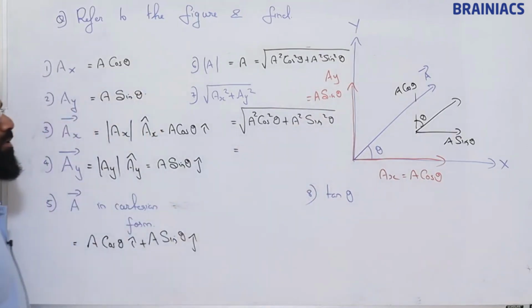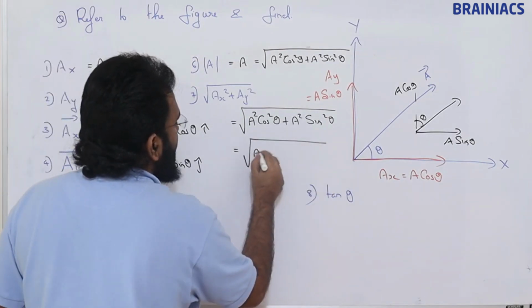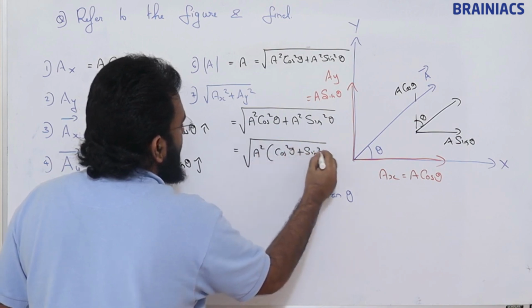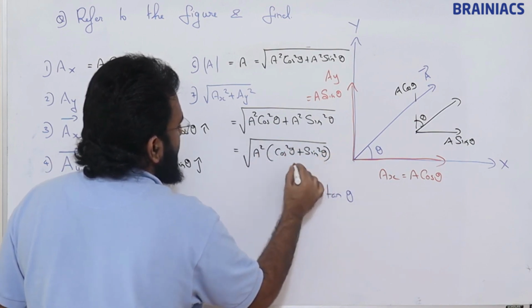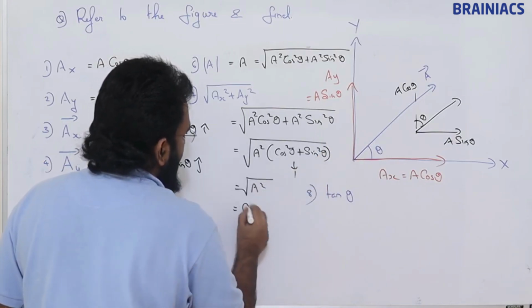If we take a square outside, this becomes cos square theta plus sin square theta, which is nothing but 1. So root of a square, finally you will be getting a.